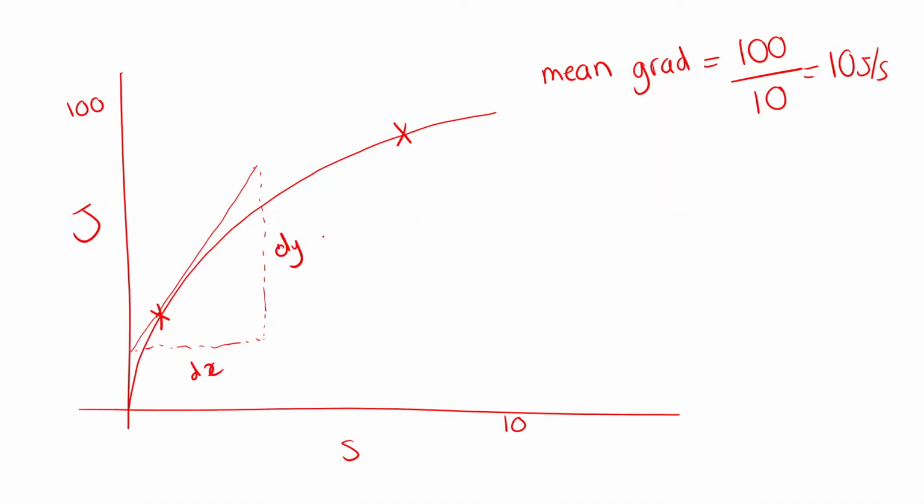I'm eyeballing this, but that would be about 50 and about 3. So 50 over 3 is about 16.7, which makes sense. This was my overall gradient, and this bit of the graph that's much steeper has a much higher gradient.